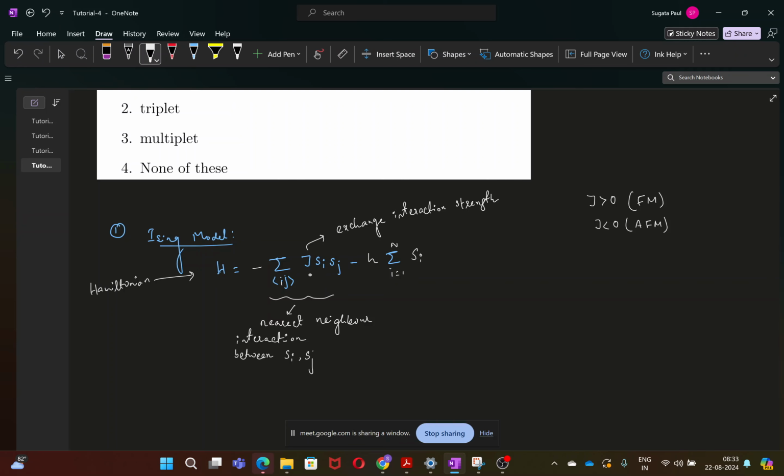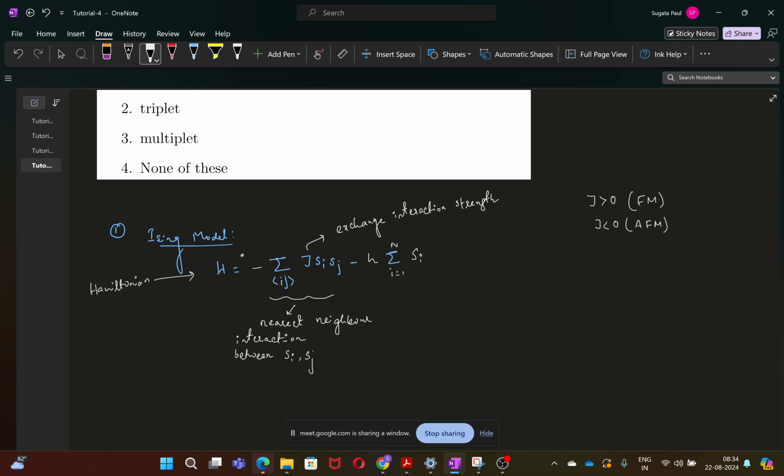Now we know that for a ferromagnetic system, the stable state is where the energy becomes a minimum. In this case, the energy will become a minimum if there is a negative sign in front. That means that if there is already a negative sign and you are getting a positive sign from the product of Si and Sj, then the remaining term, this J, should be greater than 0 to make the whole term negative.